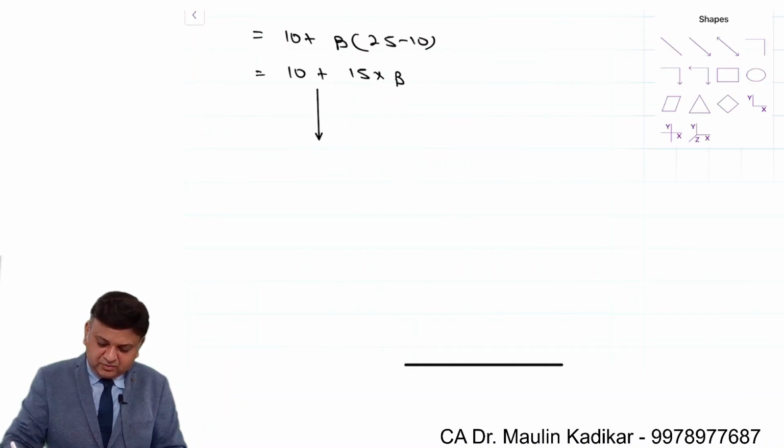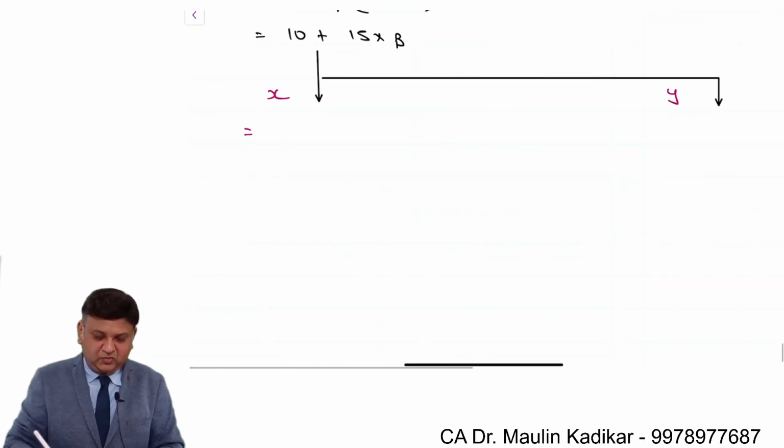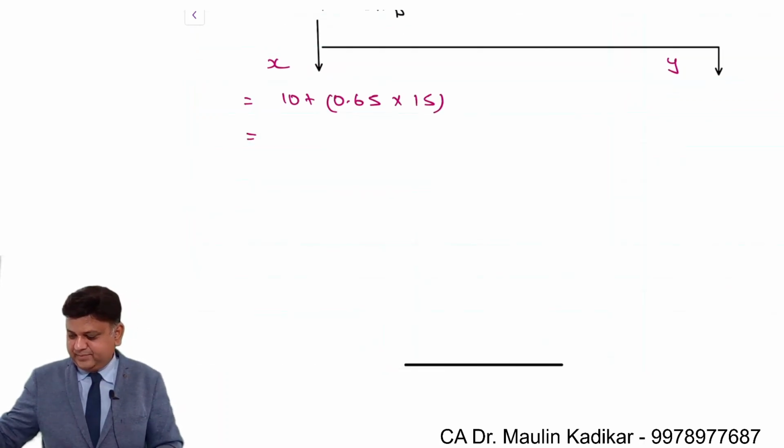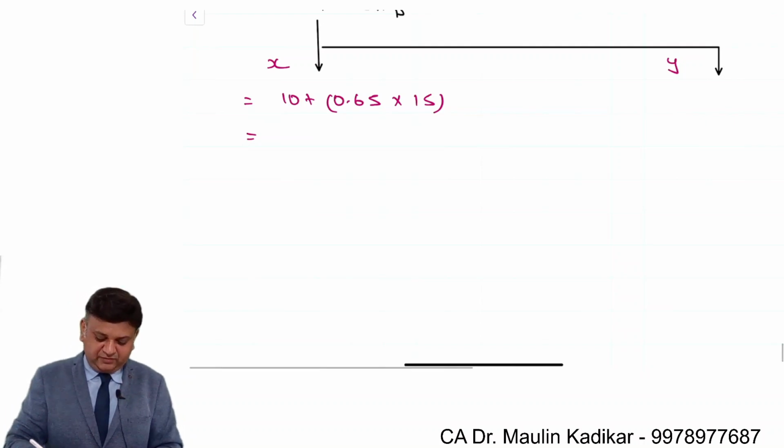We are required to calculate the answer for two securities X and Y. So it is 10 plus 0.65 into 15, that is 9.75.